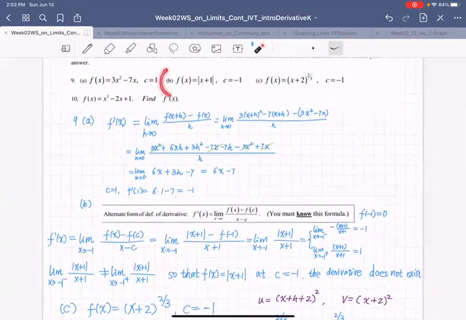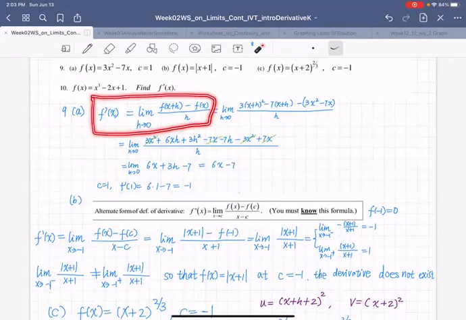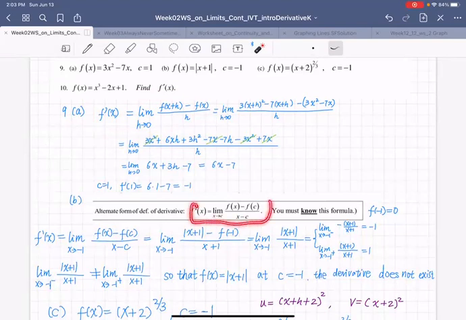Let me teach this in another way, okay? There are 2 different formats for the definition of derivative. First, you are using this one. This is called the original definition of derivative. And the second way for the derivative is using this guy.